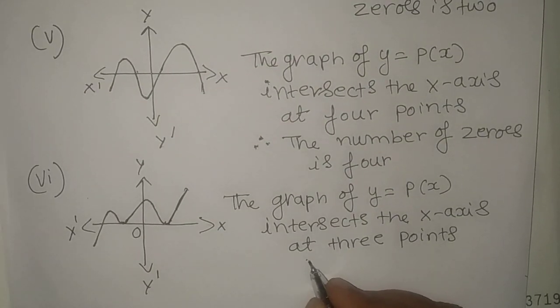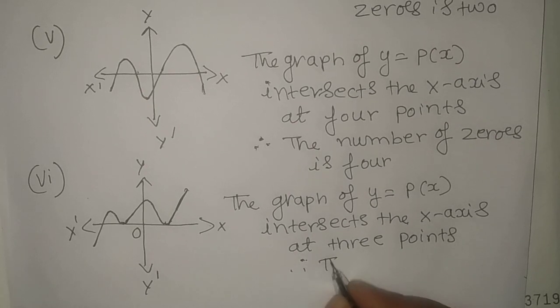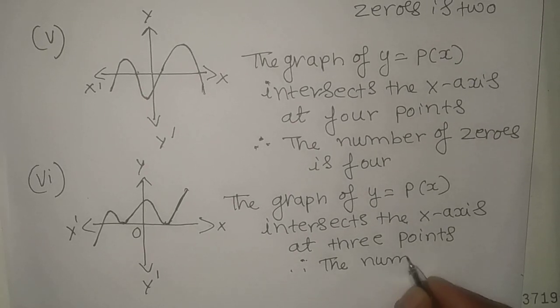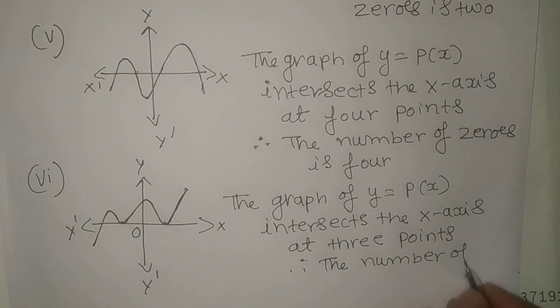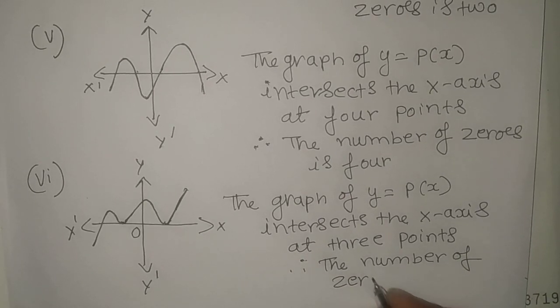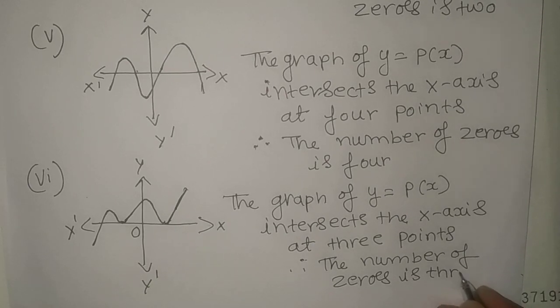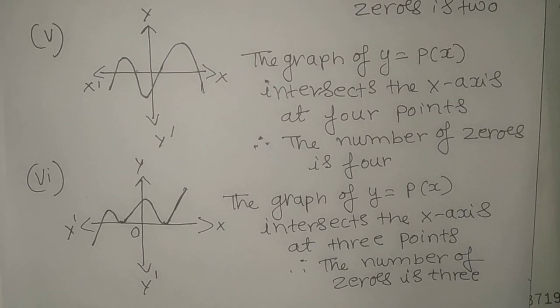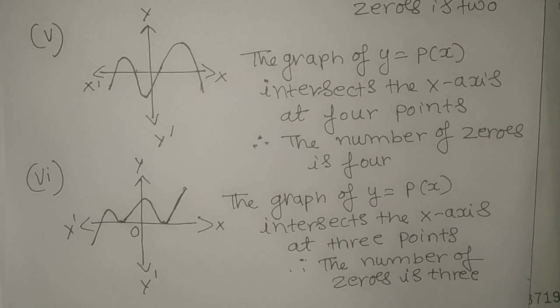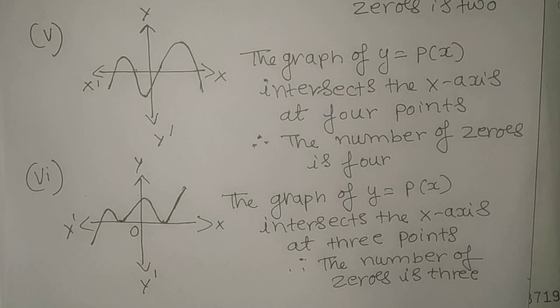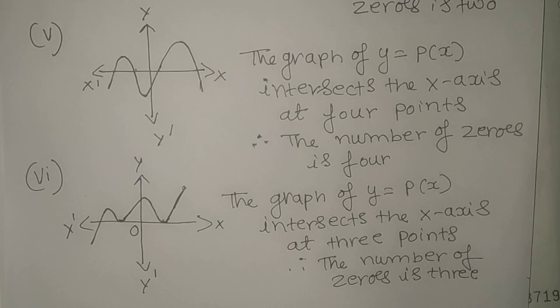Therefore, the number of zeros is 3. So this is the conclusion. This completes the exercise 9.1. These are the only problems in exercise 9.1.